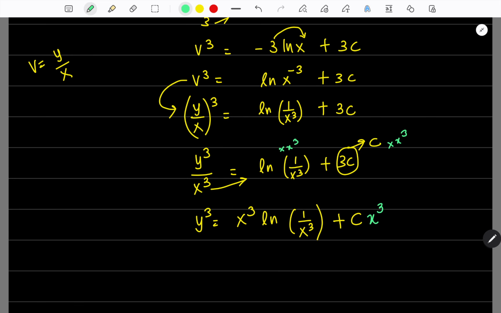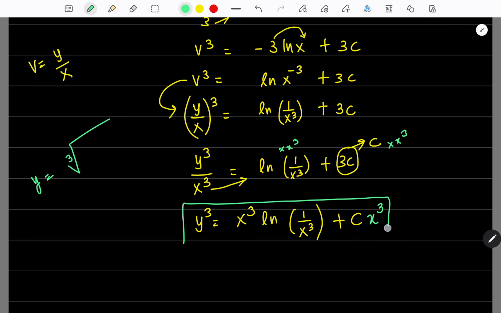Usually we write y is equal to, and you would have to put a cube root, but it is not necessary; you can give the answer as y cube in this situation. So y cube is equal to x cube ln 1 divided by x cube, plus c x cube is your answer.